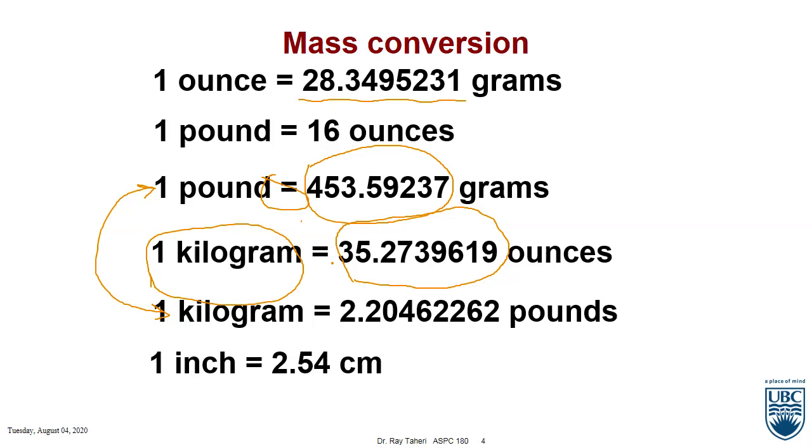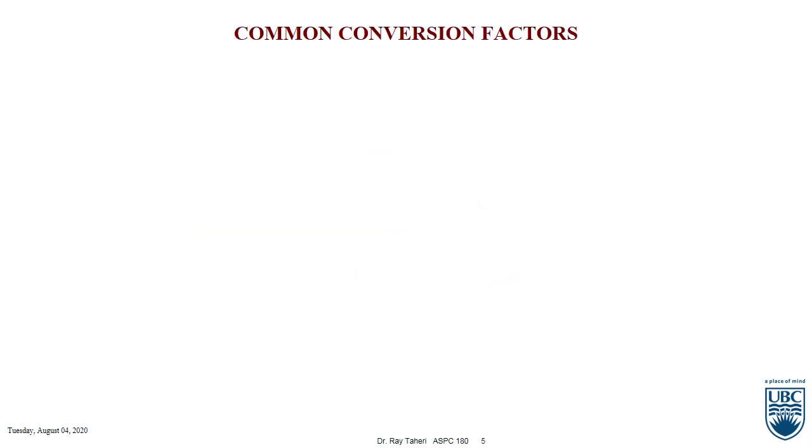1 inch is 2.54 centimeters, and that is exact, with no more digits than this. It has 3 significant figures. It's bang on, obviously. Or you can say 1 inch is 25.4 millimeters. These common conversions are very important for students to understand.